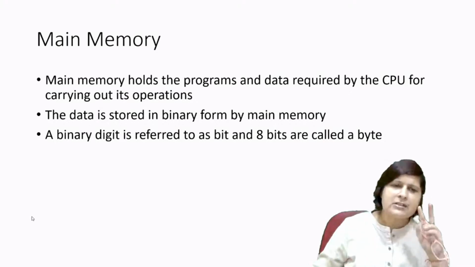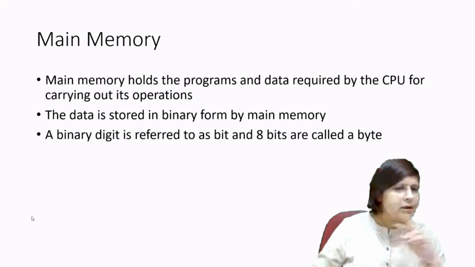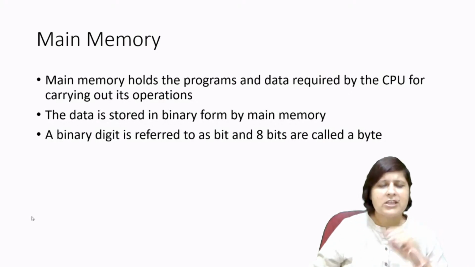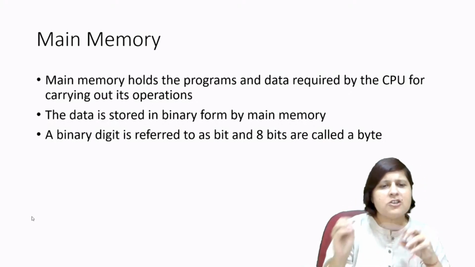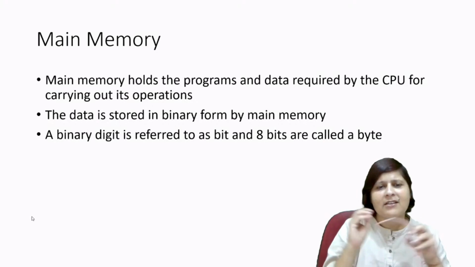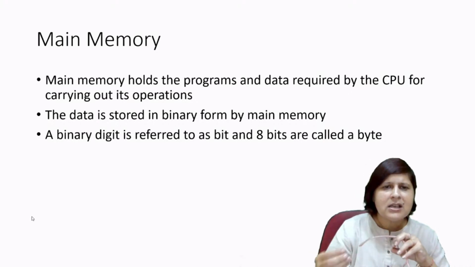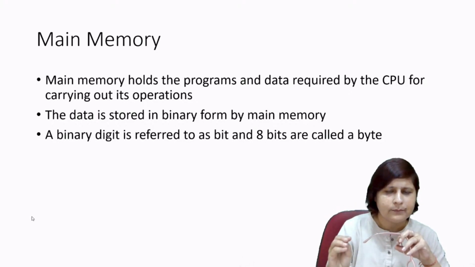The data is stored in binary form in the main memory, because the computer understands only binary, only 0 and 1. Whatever you type has an ASCII code, for each and every character, and this ASCII code is converted into binary, that is 0 and 1, because the computer understands the language of 0 and 1.